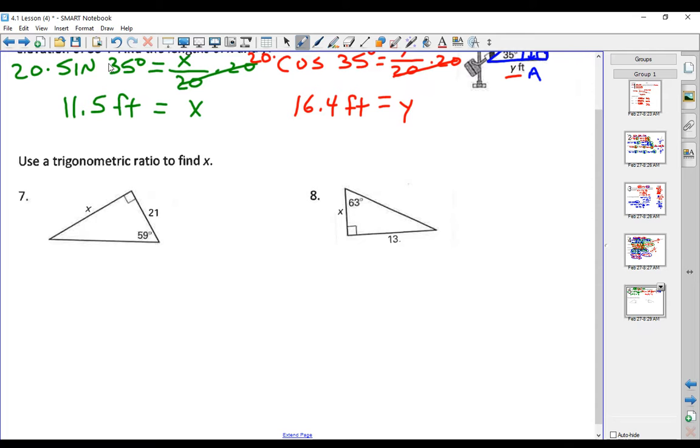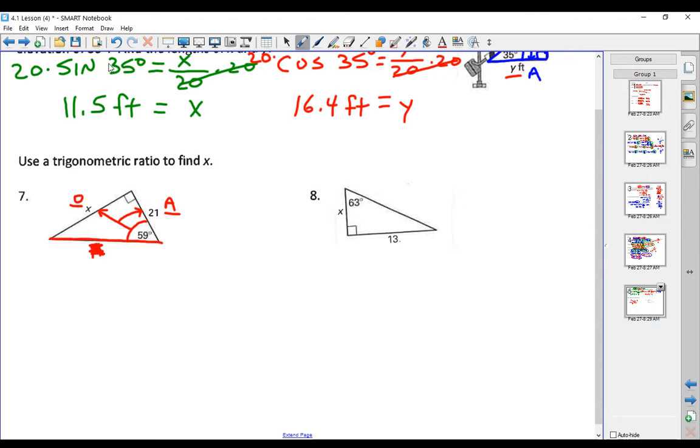Here they want us to use a trigonometric ratio to find x. So the angle that I know on number 7 here is this angle here. It's 59 degrees. Remember, the side across from the right angle is always the hypotenuse. The side that the angle is looking at is the opposite, and the side beside the angle is the adjacent. If you look at what we have in the problem, they want to know about the opposite and the adjacent.